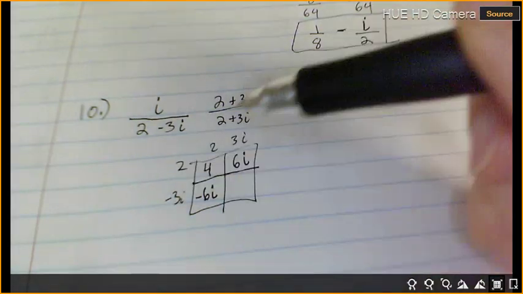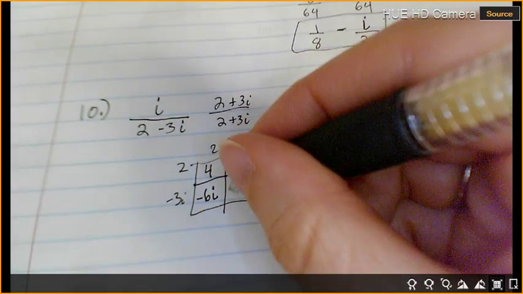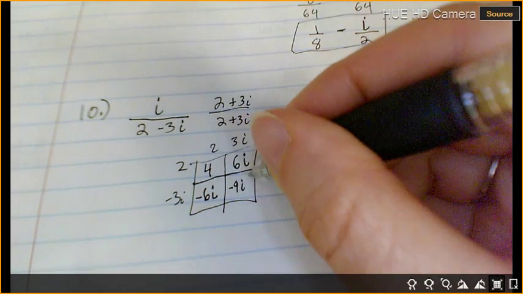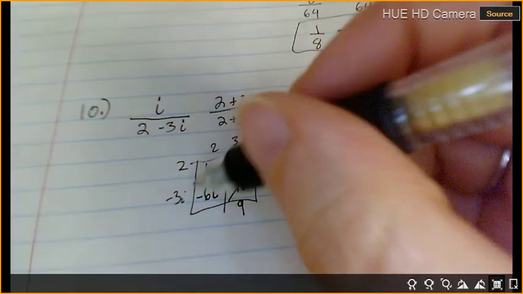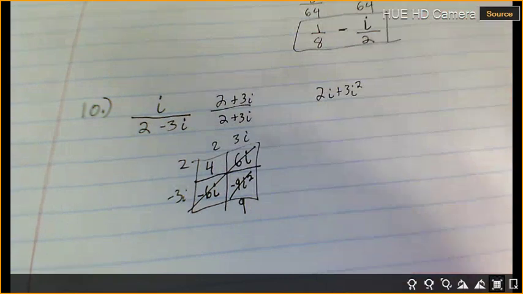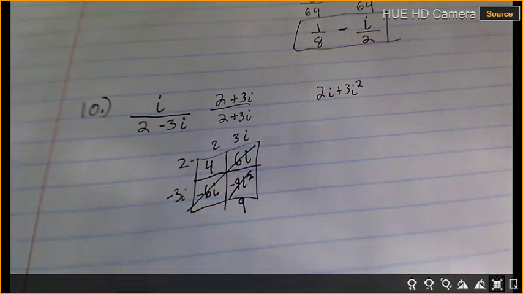Negative 3i times positive 3i gives me negative 9i squared, which just gives me 9. Remember, these cancel. So 9, 10, 11, 12, 13.